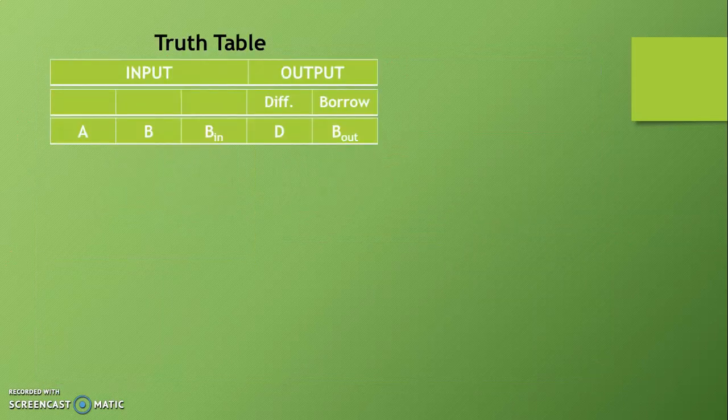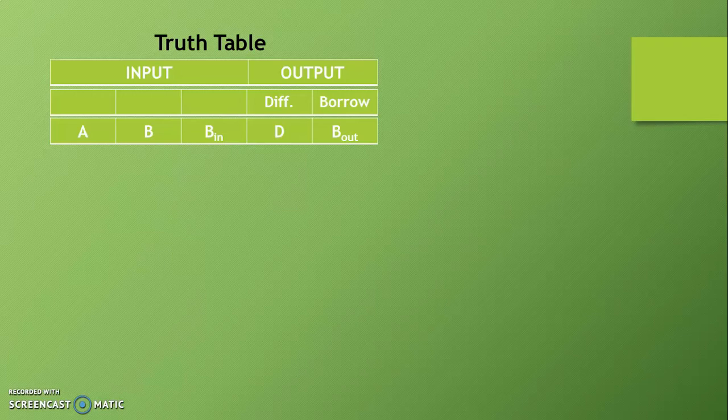Now let us start with the truth table. A, B and B in, that is a borrow from the previous stage. We have 3 input terminals and difference and final borrow, that is D and B out. So we have 2 terminals at the output side. Now in case of 3 input combination, we have 8 different possibilities of the input combination.